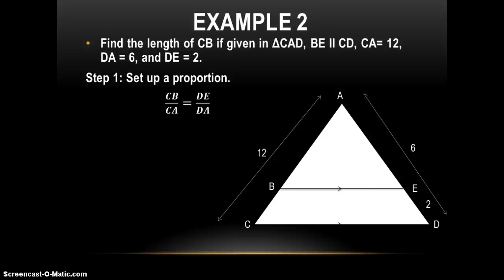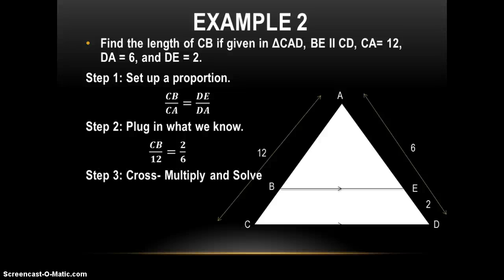So the proportion that I decided for this problem is CB over CA equals DE over DA. So now we want to plug in what we know. So we have CB, which is what we're looking for, over 12, which is CA, equals 2, which is DE, over 6, which is DA.